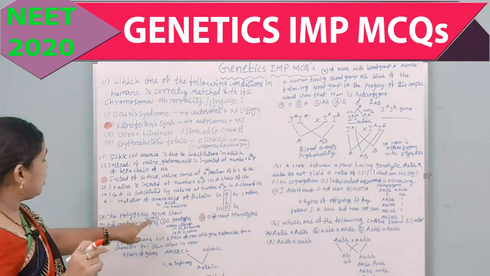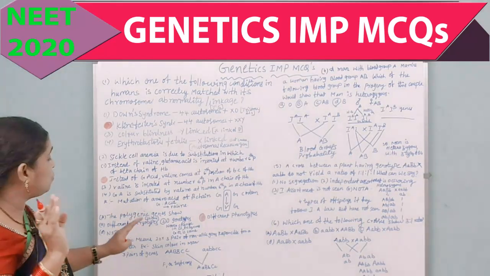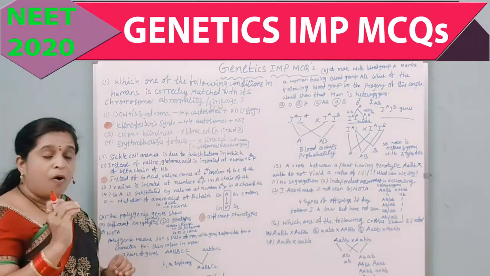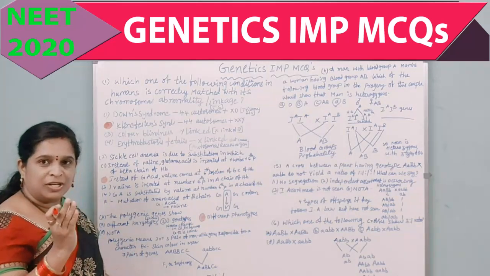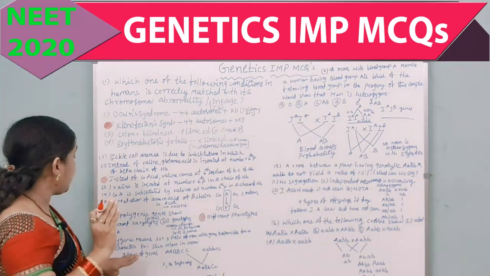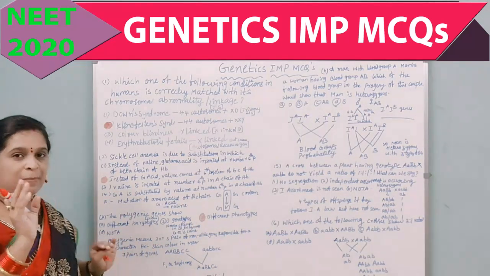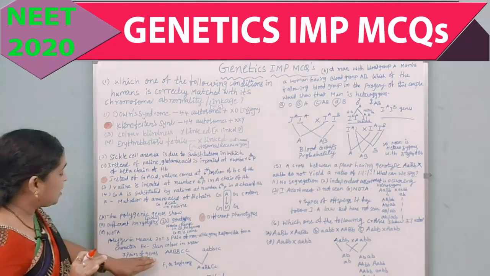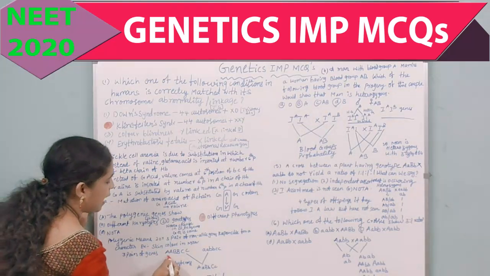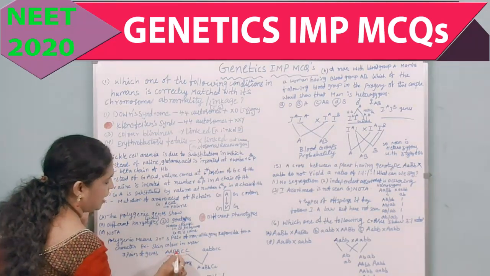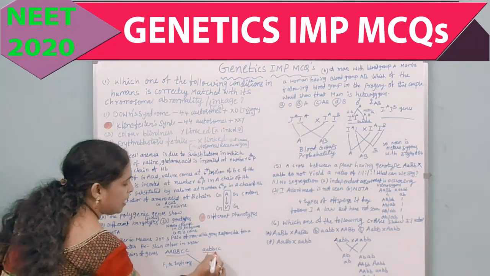What does polygenic mean? It consists of 2 or 3 pairs of non-allelic genes which are responsible for a character. For example, we can take skin color in a man. I am just giving you an example. Three pairs of genes, which I have taken as capital AA, BB, CC and small aa, bb, cc.